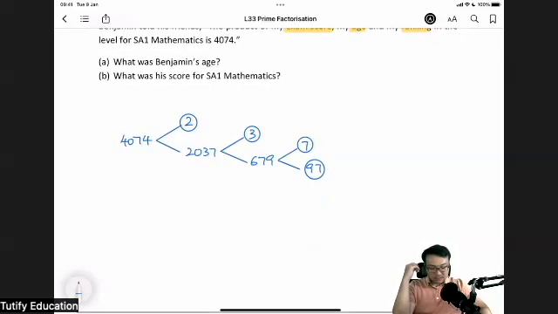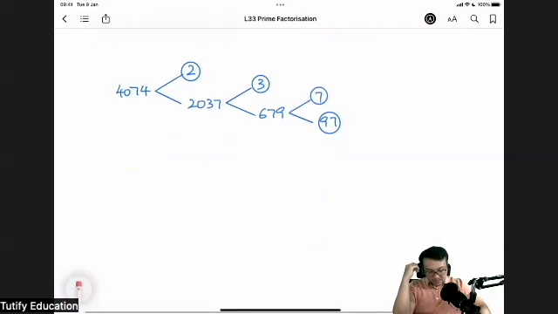So these are the prime factors. So we can say 4074 equals 2 times 3 times 7 times 97.